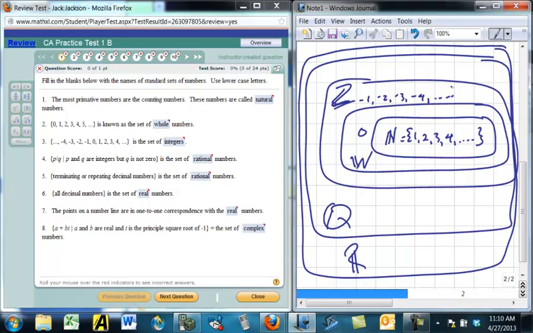If we go on out to all numbers of the form a plus bi, such that a and b are real numbers where i is the principal square root of -1, that's a set of complex numbers, which includes the reals and all of its subsets, along with the pure imaginaries and some other numbers that are complex and neither real nor imaginary. The set of real numbers corresponds to the points on a number line, so that's number 7.